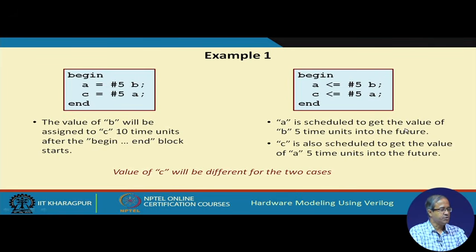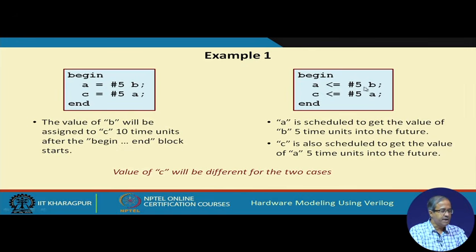See, a is scheduled to get the value of b 5 time units into the future. Right hand sides are evaluated together, and when you say #5 and #5, it does not mean first this 5 and then this 5, making it 10. Both of these are waiting for time 5 and they are executing concurrently, right.